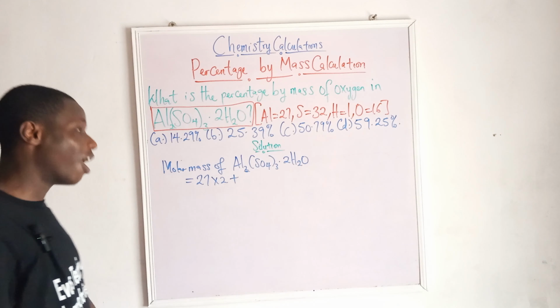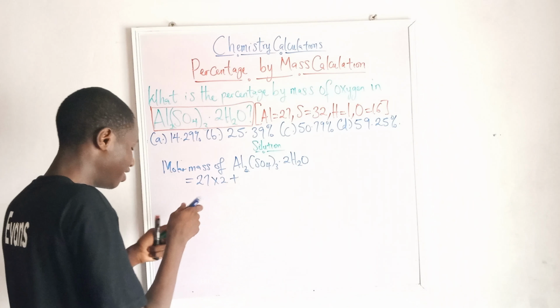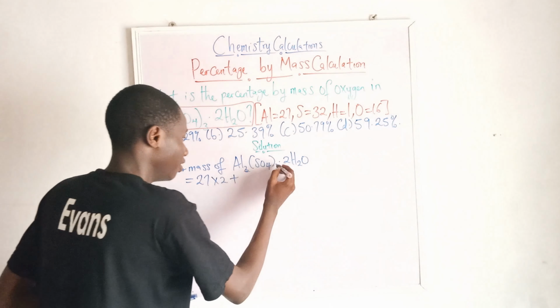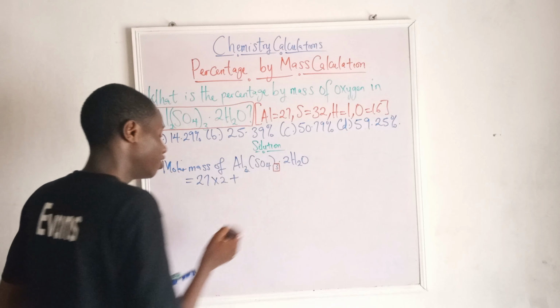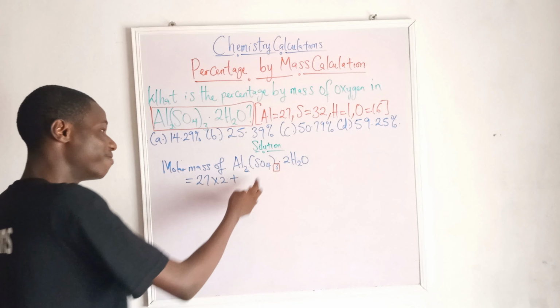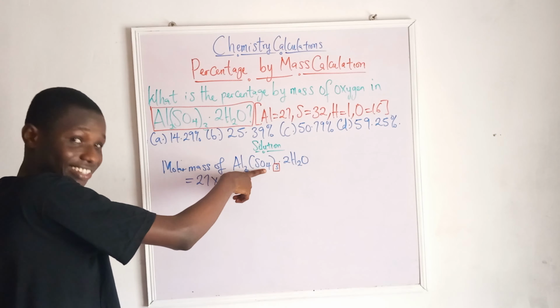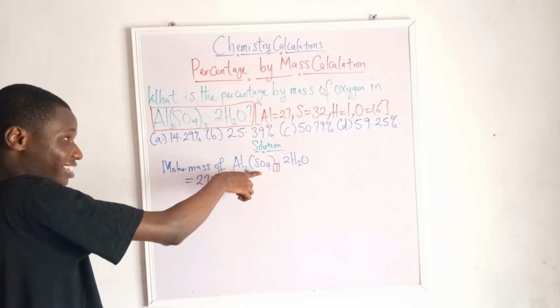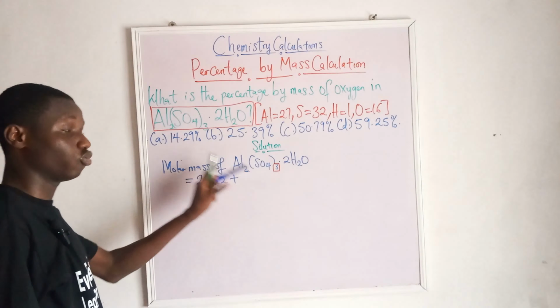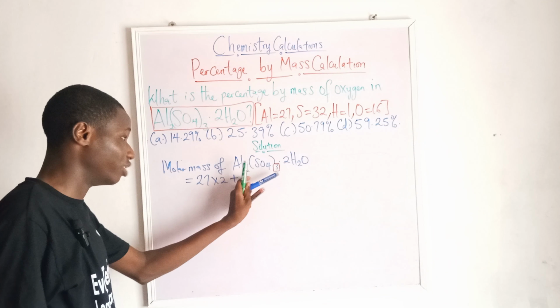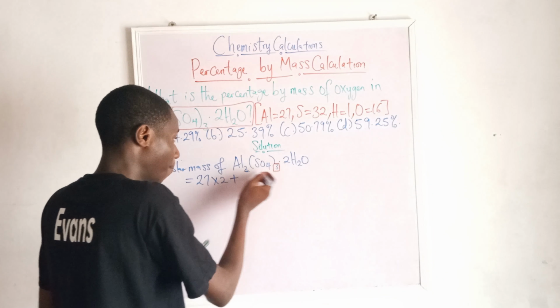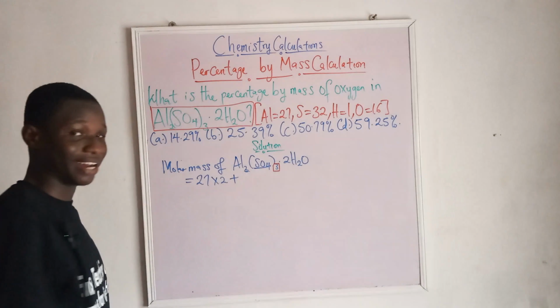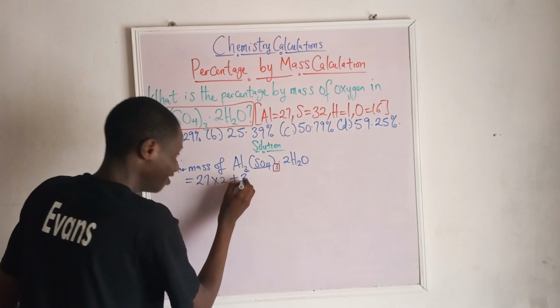Now, what is the implication of having 3 as your subscript here? The implication is that everything in this bracket is multiplied by 3. So to make your work easier, you multiply 3 by the things inside this bracket, so it will now start with 3.